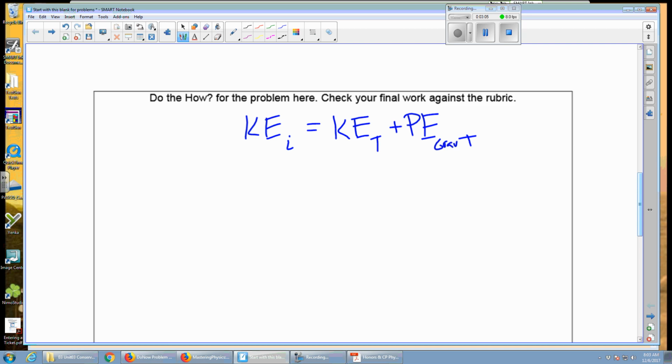And then I grab from my equation sheet that KE equals 1/2 m speed squared, and PE grav equals m, g, and h. All right. What planet do you think this takes place on?